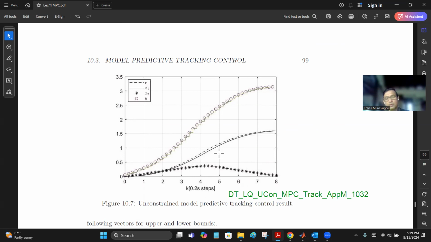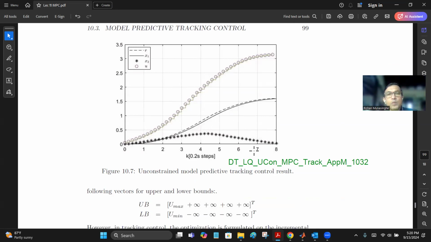Inside the model predictive tracking control, you include quadprog now. Without you doing computation using the famous equation, H inverse F, you give this H and F into quadprog with the constraints and ask MATLAB to derive the delta U sequence for you.